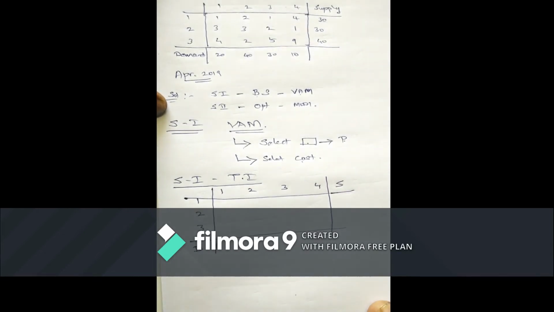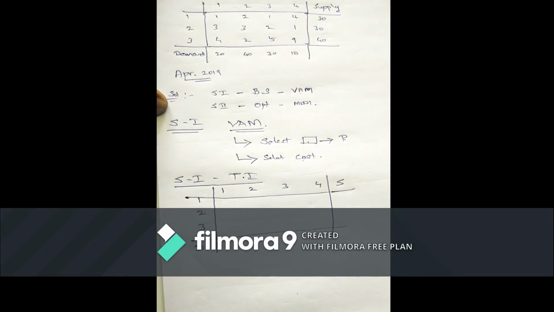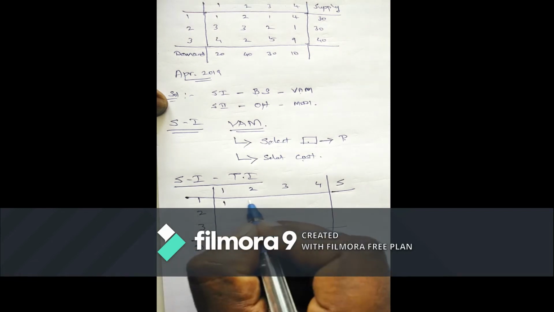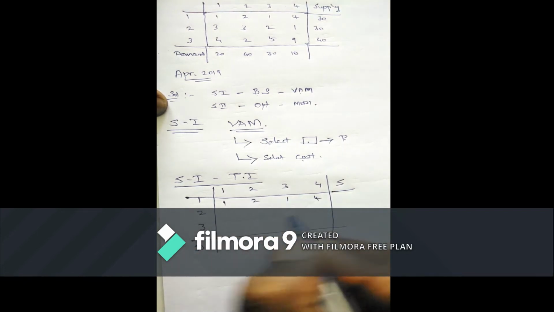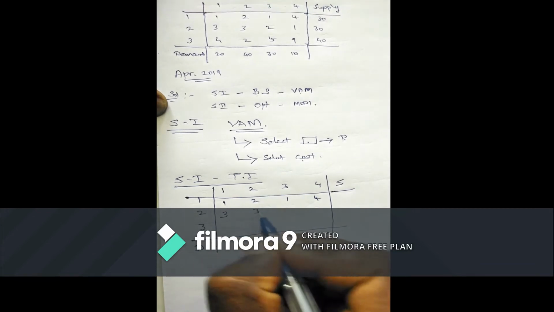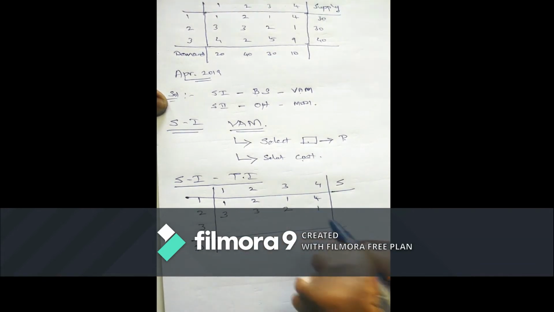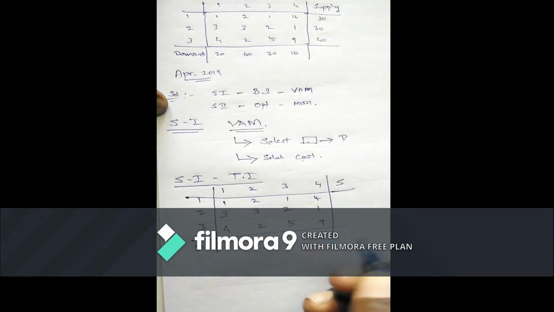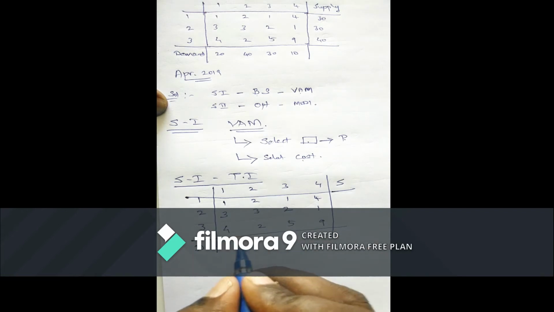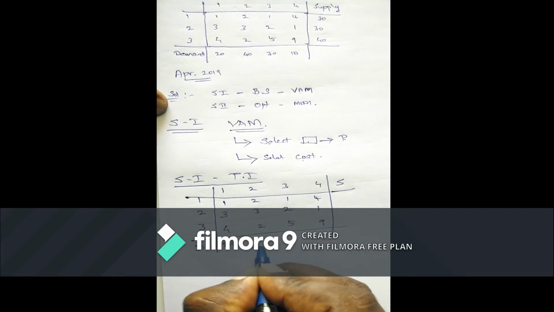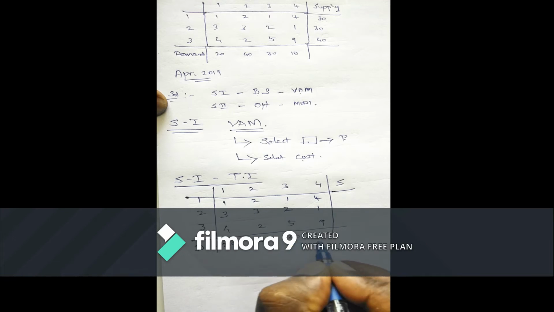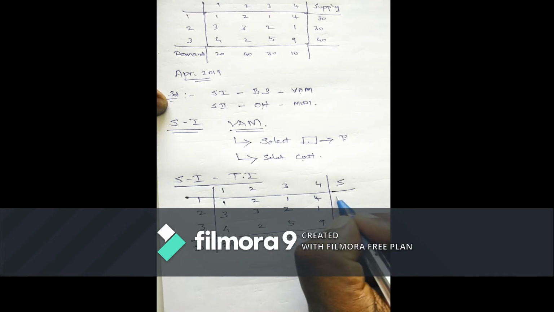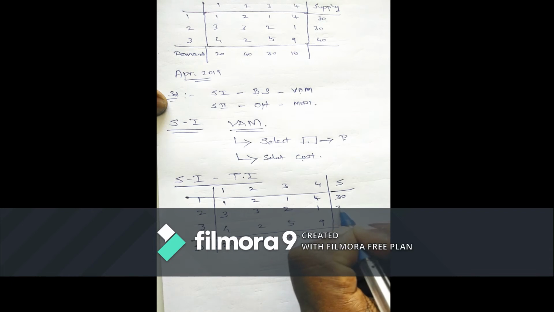The cost values are 1 2 1 4, 3 3 2 1, 4 2 5 9. Demands are 20, 40, 30 and 10. Supplies are 30, 30 and 40.